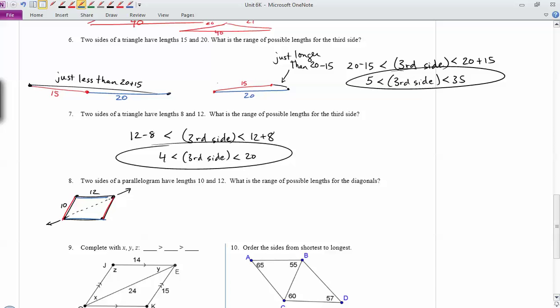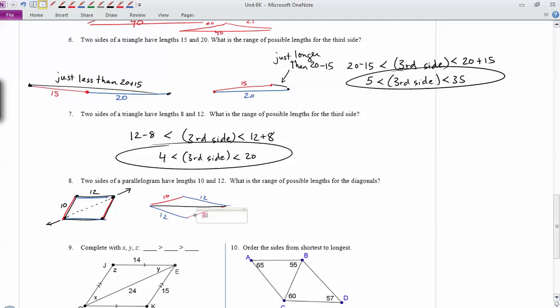If I pull out on the corners, you can kind of picture that that parallelogram gets flatter and flatter. I'm just going to draw a super flat looking parallelogram. So there's the 10, there's the 12, and then you get the same thing going underneath. Here's a 10, and here's a 12, and here is the long diagonal.